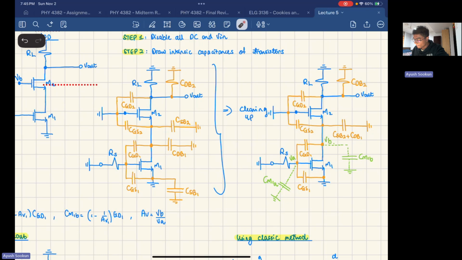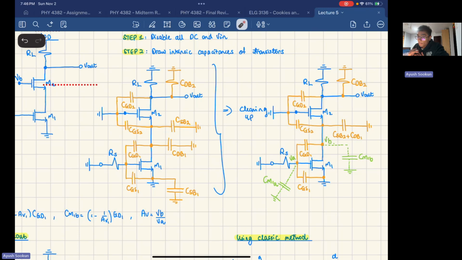It's the capacitor of MOSFET 1 associated with voltage A, and CM1B is associated with voltage B. And what is VA/VB? That's the AC ratio between VA and VB, which gives me the gain equation that I can plug into my pole equation to find the pole of that circuit.